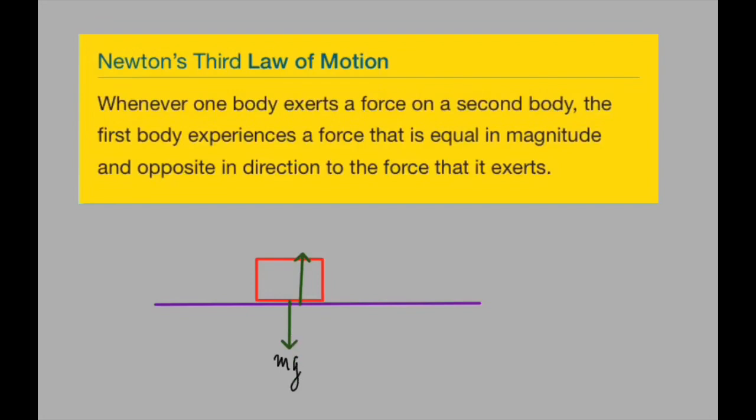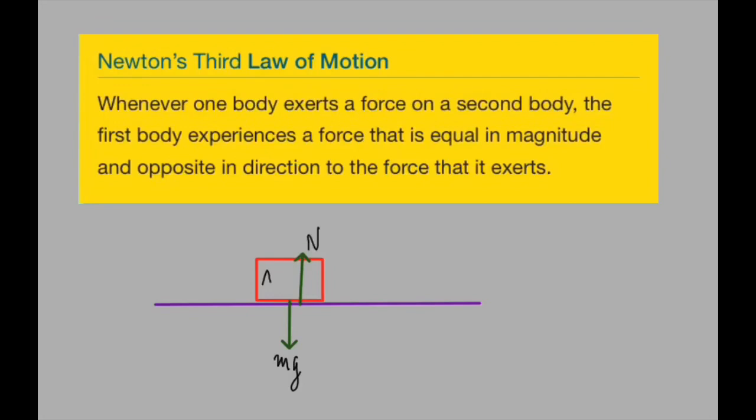Acting vertically down. Since for every action, there has to be a reaction, the table pushes back up on the object, and that is called the normal reaction. It's called a normal reaction because that reaction is going to be perpendicular to the surface.